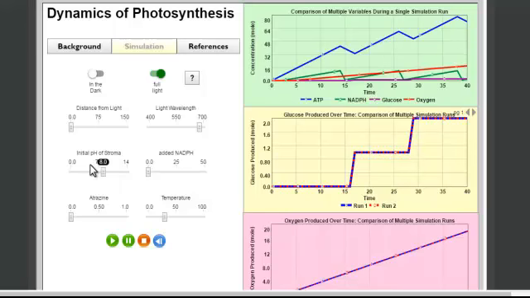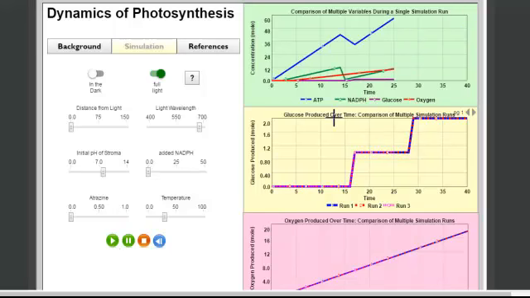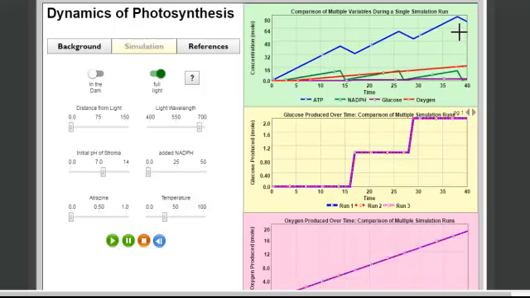So if students adjust the pH to 8, that will increase the amount of ATP because it increases the proton motive force. The hydrogen ions in the thylakoid want to diffuse out because now you have a higher pH, so the hydrogen ions want to move out. That will then have more hydrogen ions go through the ATP synthase, making more ATP.